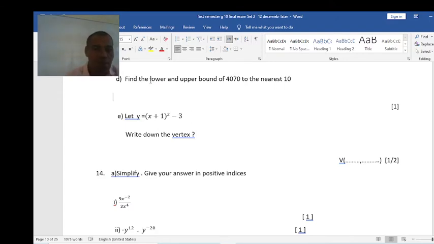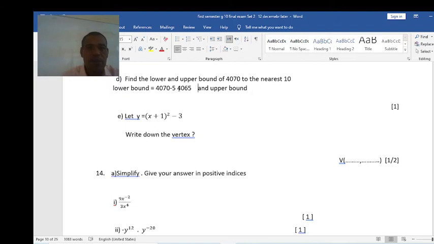So for the upper and lower bound, lower bound equals 4070 minus 5, because 10 divided by 2 is 5, which gives 4065.